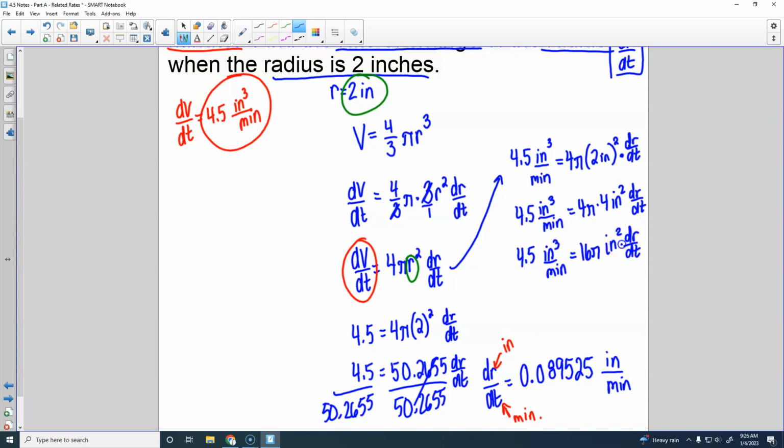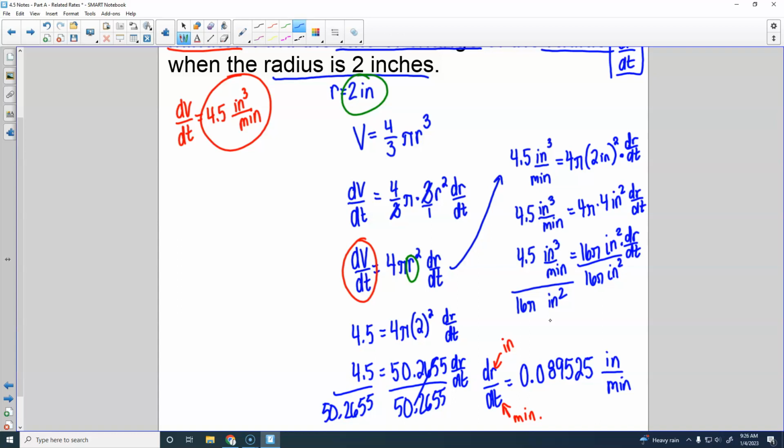So when you divide here, you're dividing by 16 pi inches squared. So we just did 4.5 divided by the 50.265, which is your 16 pi. And that gave us our answer.